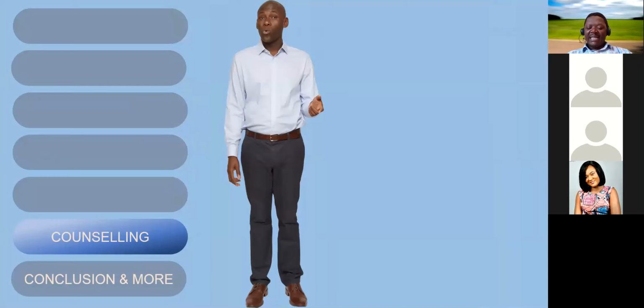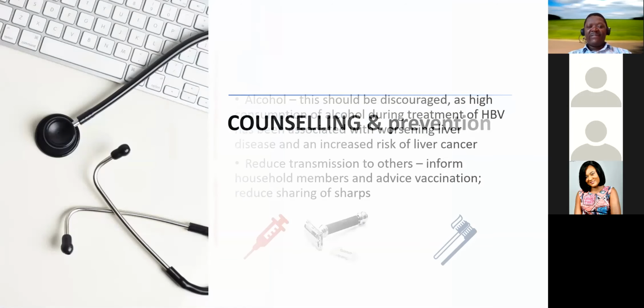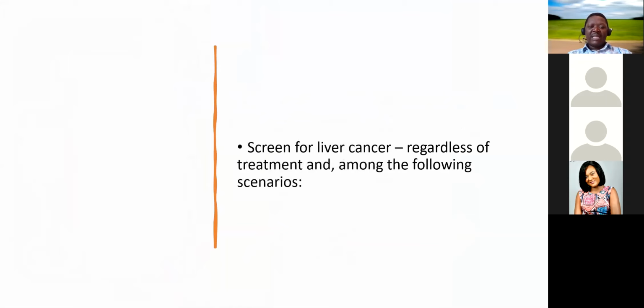How do you counsel patients? Obviously, simple. You talk to them about alcohol use. You counsel them about prevention and how to keep their families safe. Of course, alcohol, reduce transmission to others, get family members vaccinated, don't share sharps, and so on. Screen for liver cancer regularly.